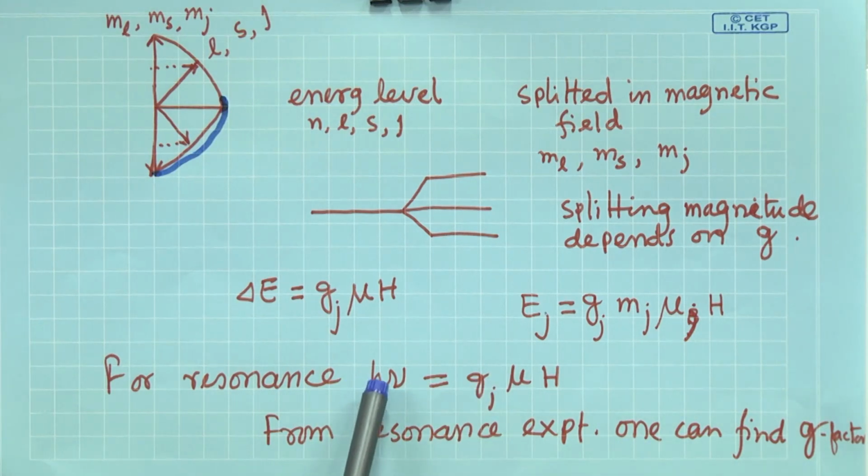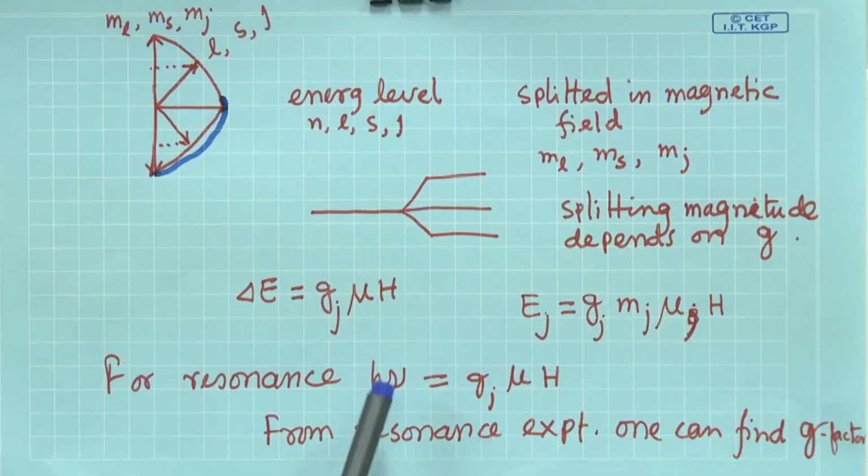So h nu will be equal to G j mu B H. If you can set the resonance condition and observe it experimentally, then this relation will be followed, and from this type of resonance experiment one can find out the value of the G factor.